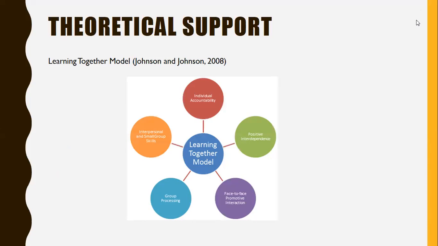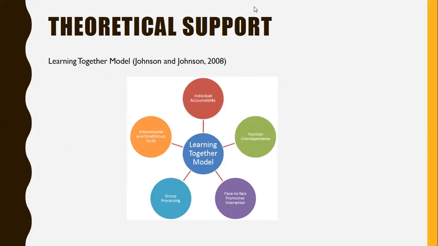And they call this model the learning together model. I'm going to base my presentation on Johnson and Johnson's theory because I consider they included important aspects and they complemented Kagan's theories in a very good way. That's why I'm going to talk about these principles.